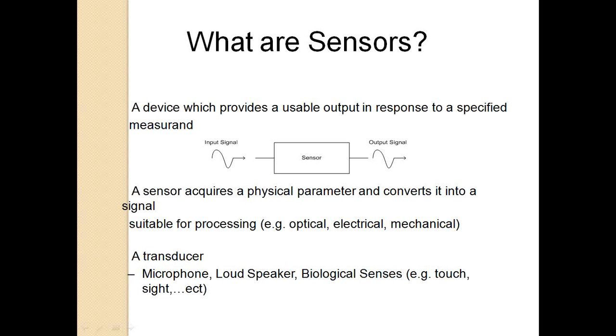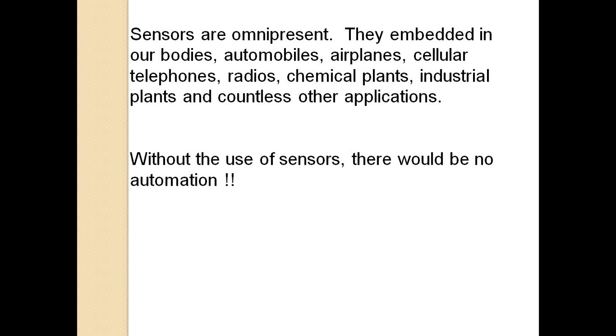A sensor usually acquires a physical parameter and converts it into a signal which is suitable for processing. The well-known ones are microphones and the loudspeakers that are present on your computer or desktop. Sensors are omnipresent, and can even be embedded into our bodies. In medical applications, if you want to acquire data from a patient, you need an ECG signal or an EEG signal.